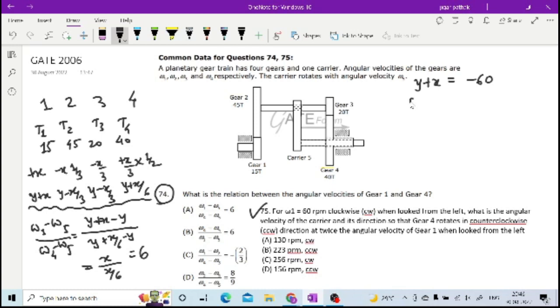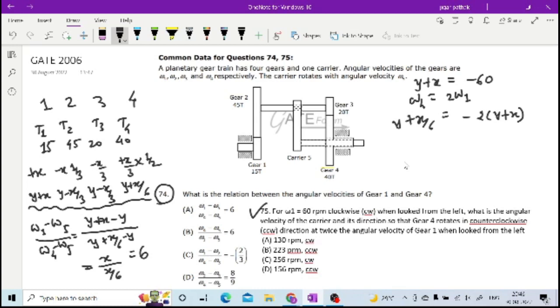And here again it is counterclockwise, so we will write it as negative y plus x by 6. It is omega 4. Here it is counterclockwise, so here 2 y plus x, right?